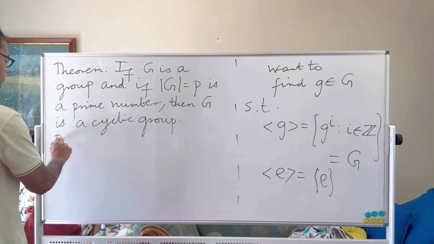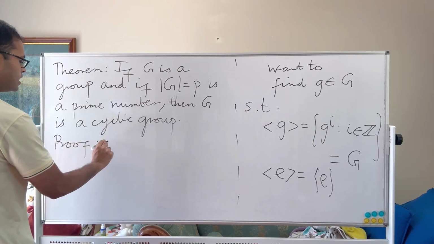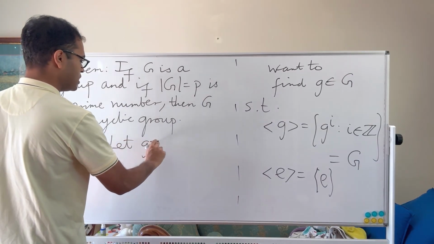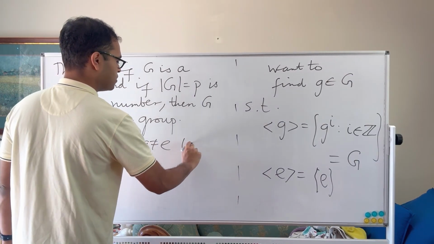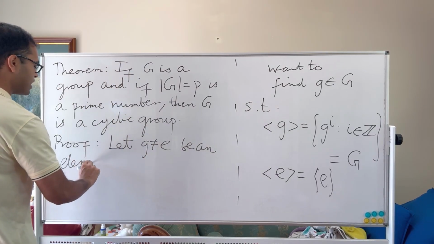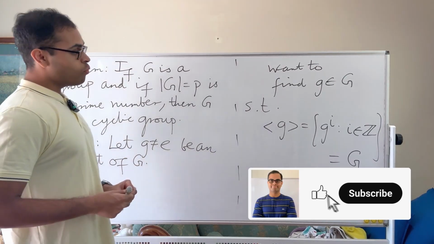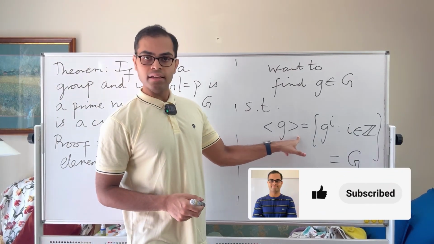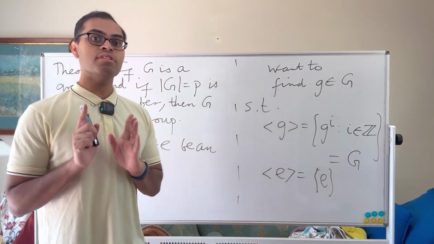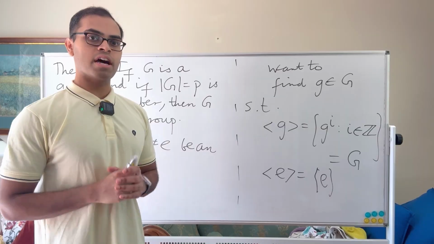So let's start off with the proof. Let g not equal to e be an element of G. Now, we don't know yet that g is going to generate the group, but we're almost there, because what we need to show is that this thing is a subgroup of G, and we're going to use a fundamental group theory theorem called Lagrange's theorem.